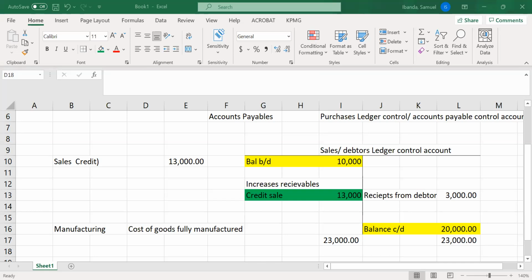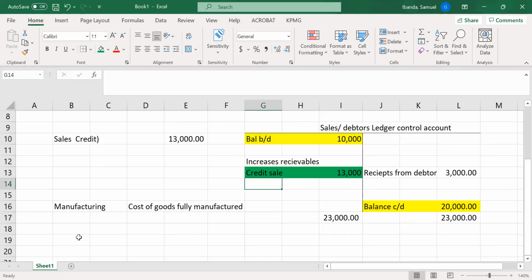Now, as asked by Jacob, one of the things I said when we are looking at manufacturing accounts is that when you draw up your manufacturing account, what you get is called the cost of goods fully manufactured. That is what you basically get.